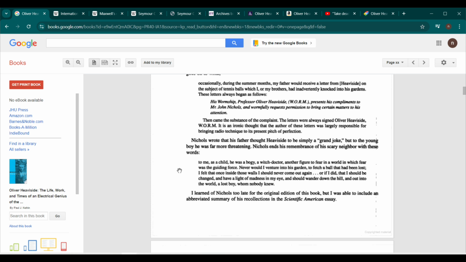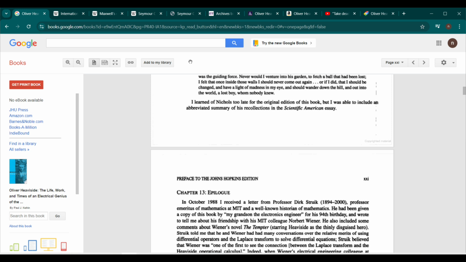To me, as a child, he was a bogey, a witch doctor, another figure to fear in a world in which fear was the guiding force. Never would I venture into his garden to fetch a ball that had been lost. I felt that once inside those walls I should never come out again, or if I did, that I should be changed and have a light of madness in my eye, and should wander down the hill and out into the world, a lost boy whom nobody knew.